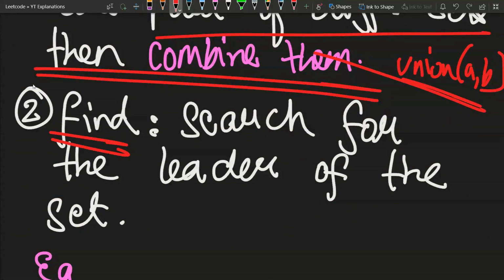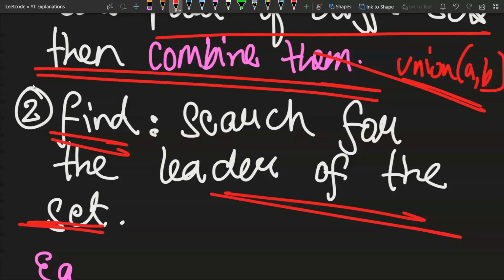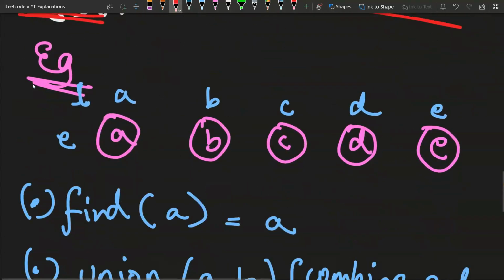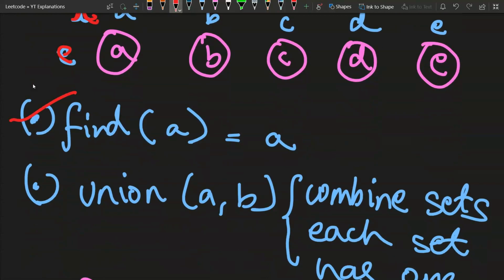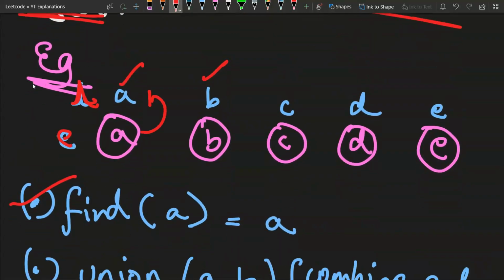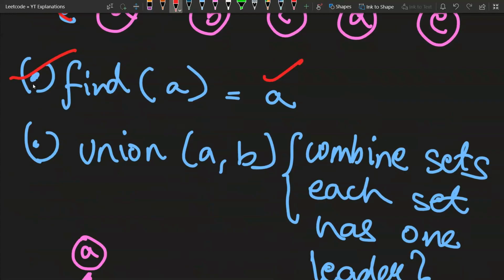The find operation is basically searching for the leader, or the root parent, of the set. For example, if I take the same example here, all are disjoint, so the leader will be itself. So if we do find of A, the root parent of A will be A itself. That's find of A.